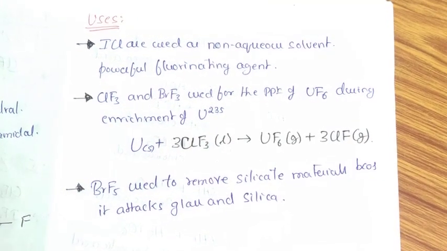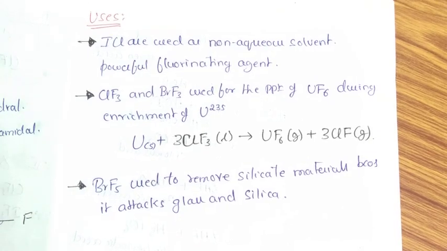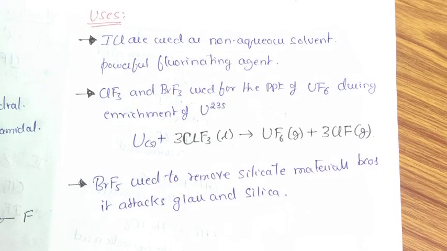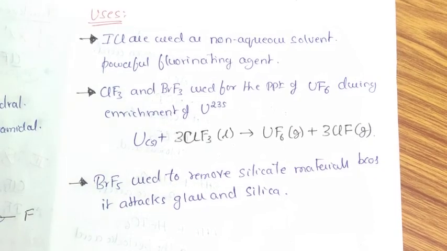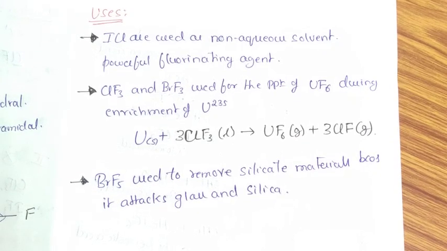Okay, students, this completes group 17 elements. So what are the concepts we have studied today? Preparation of chlorine and its properties, preparation and properties of hydrogen chloride, and we also learnt how to write the structures for oxo acids of chlorine.